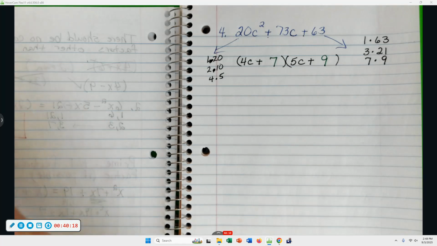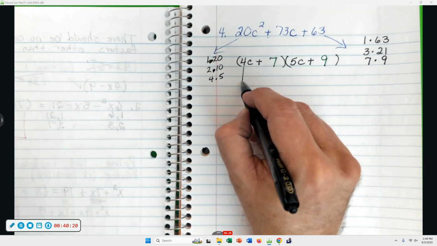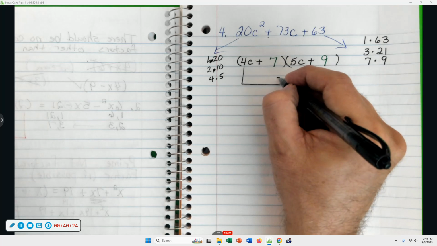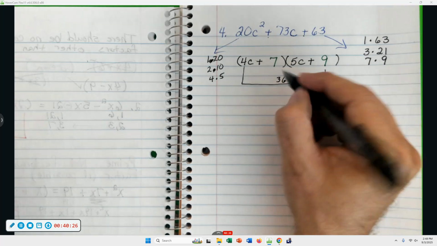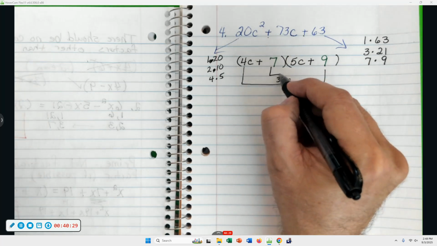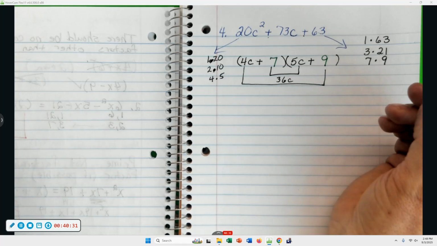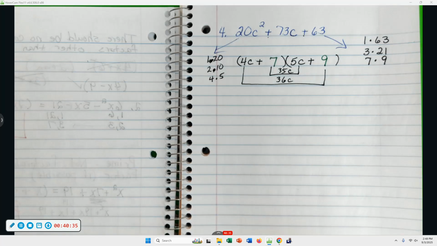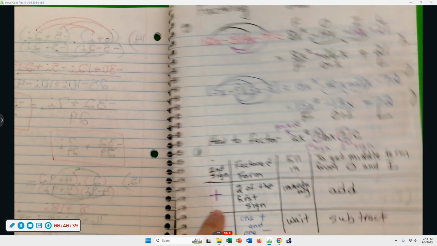What's the outer product? If we multiply 4c times 9, is that a 36c? 36c. And what about the inner? The 7 times 5 is 35c. Ooh, well, we're close. Are they going to add together? We want them to add. Look at that first line.